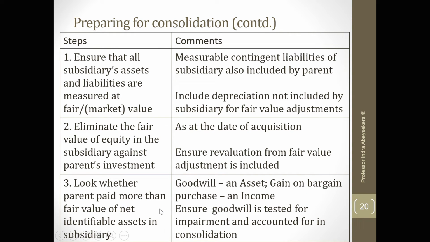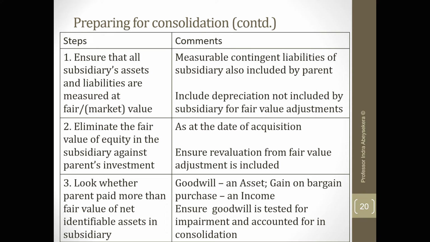So when preparing consolidation, there are three steps to follow. First one, ensure that all subsidiary's assets and liabilities are measured at fair value. Second, eliminate the fair value of equity in the subsidiary against the parent's investment because they are like transactions between the two entities and we now have a combined entity.